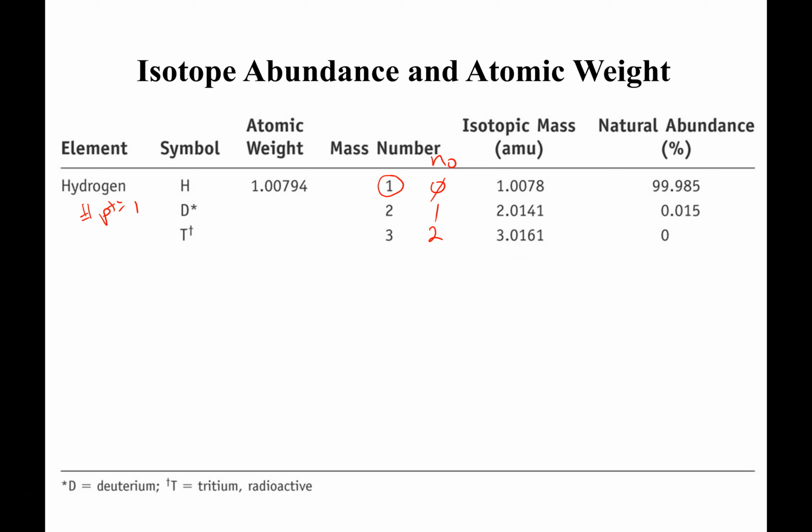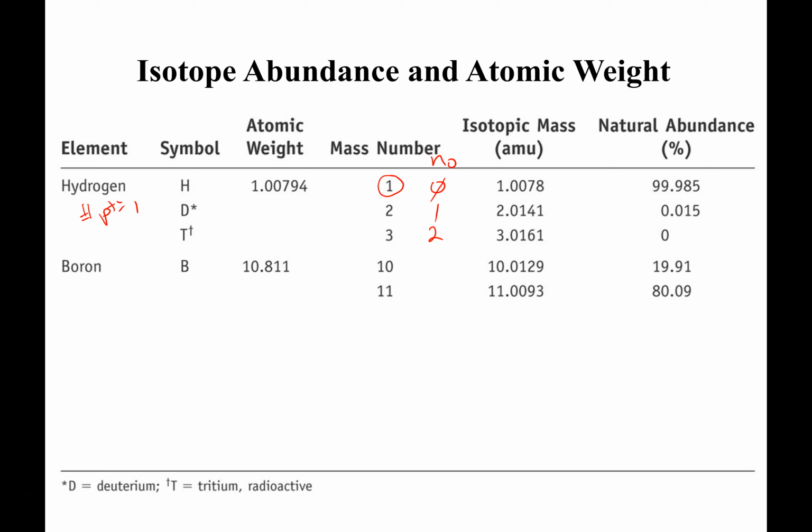If you hear people talk about deuterium, they're talking about hydrogen that's a little heavier than regular hydrogen. And tritium is unstable. Hydrogen is weird in having cool names for the different isotopic forms. Usually not so much.